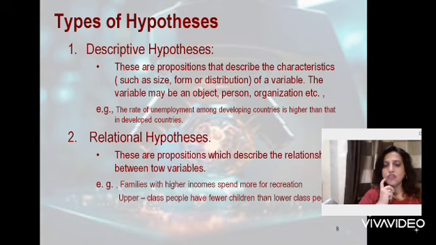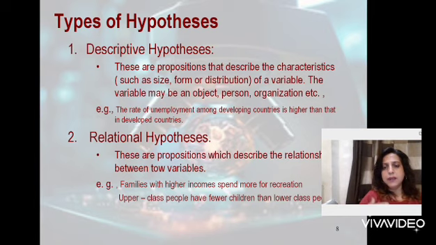So for example, if we are talking about developing countries, we often compare developing countries in contrast to the developed countries, and we talk about poverty, literacy, unemployment being more, or socio-economic problems being more among developing countries as compared to developed countries. So in that case, we are actually describing the variable in terms of size, form and distribution. The example given here is that the rate of unemployment among developing countries is higher than that in developed countries.